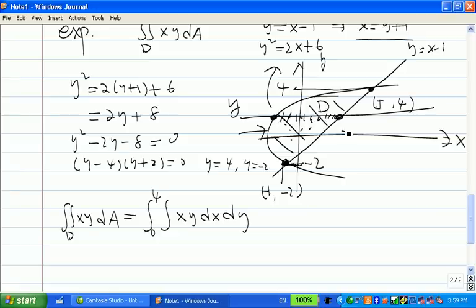So for given y, how do you find that point? That point is on this curve. This curve is y squared equals 2x plus 6. I give you y, you just find x. So for given y, you solve for x. So x is equal to y squared minus 6, over 2.